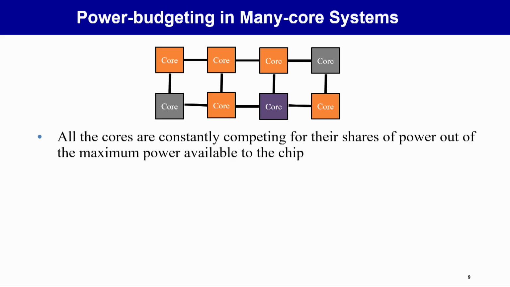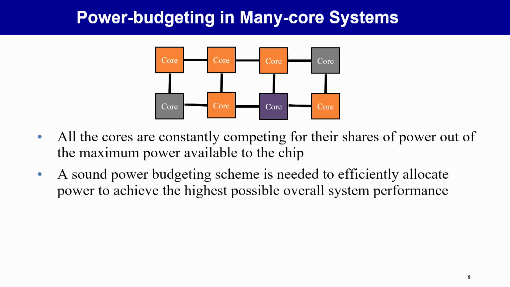If you want to do something on any of the cores, it has to request how much power it can get from that 65 watt. This always happens in our processors. And to find out how much exactly should be given to each core, there is typically a budgeting scheme that efficiently allocates power to achieve the highest possible overall performance.